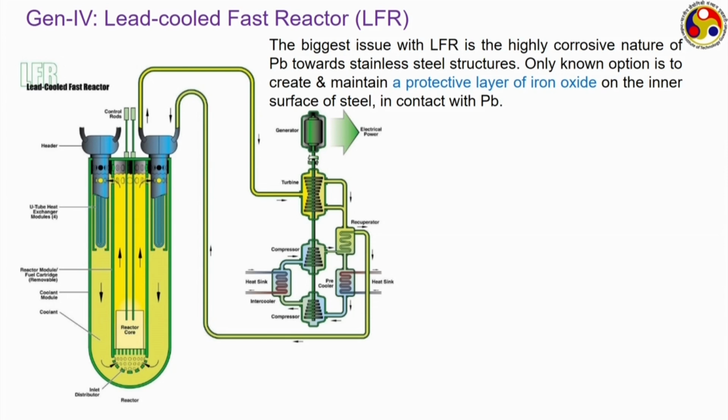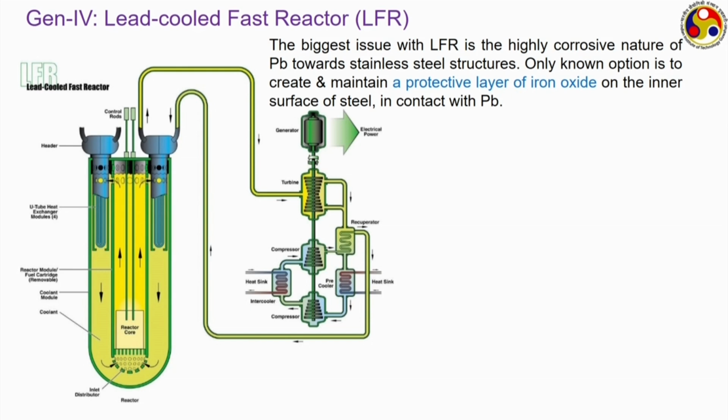So, lead as a coolant has its own advantages and disadvantages. Along with that, because of the high temperature involved, we like to use stainless steel as the material, and lead is highly corrosive to stainless steel, which is the biggest issue LFR immediately faces.